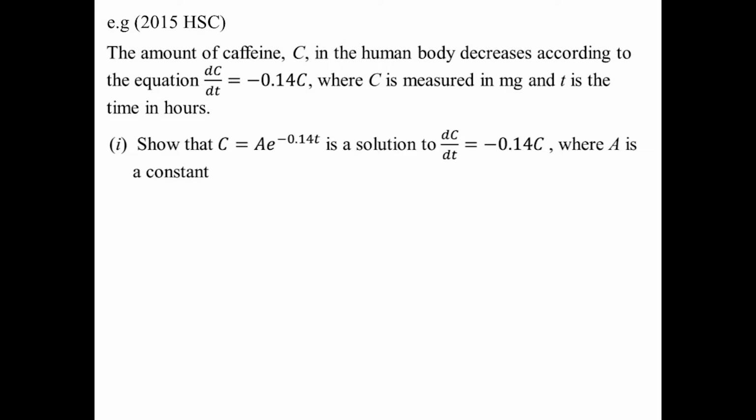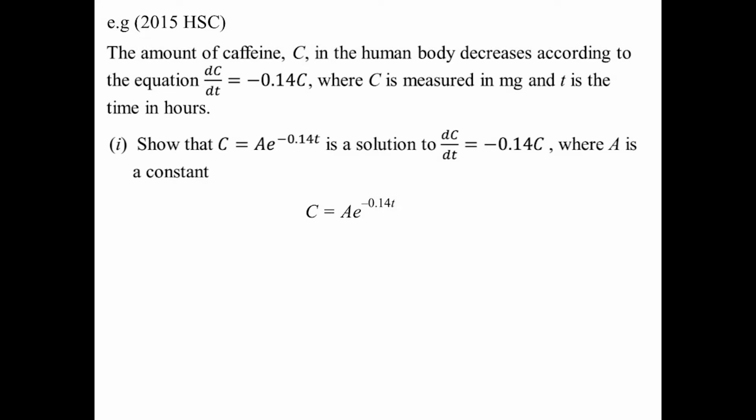So the first part is to show that it is a solution. So we don't actually need integration to solve this because we can do it in reverse. Instead of starting with the differential equation and integrating to get the answer, we can start with the answer, differentiate, and show we get the differential equation. So let's do that. There's our supposed solution. The amount of caffeine would be Ae to the minus 0.14t.